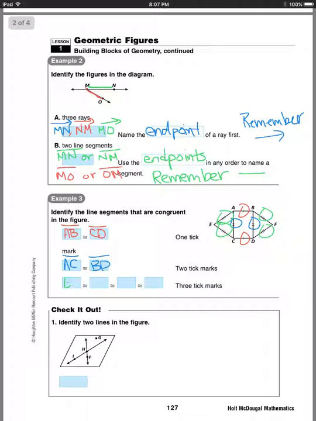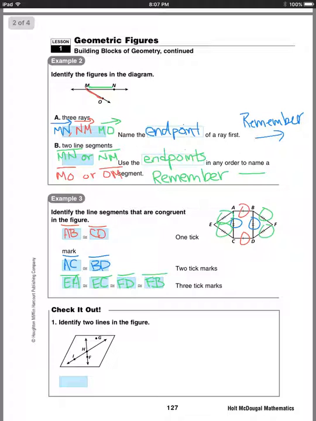EA is congruent to EC, which is congruent to FD, which is congruent to FB. Okay? So we know those are congruent because the tick marks mean congruency. The same amount of tick marks mean they're the same length.